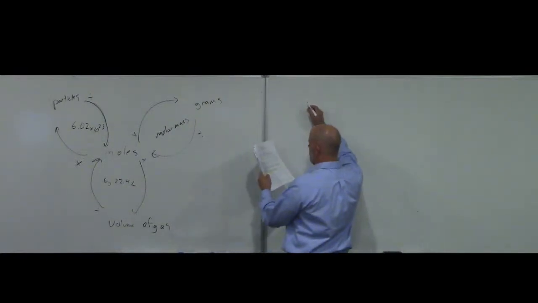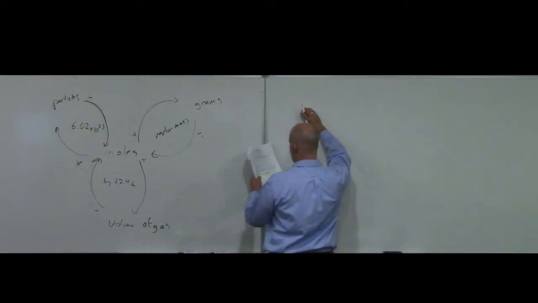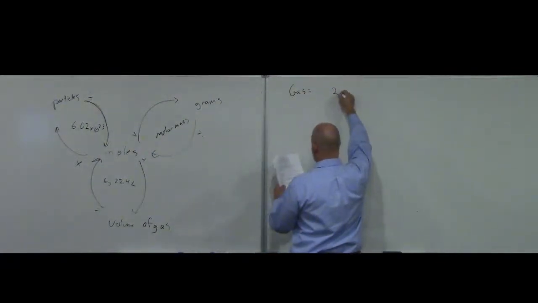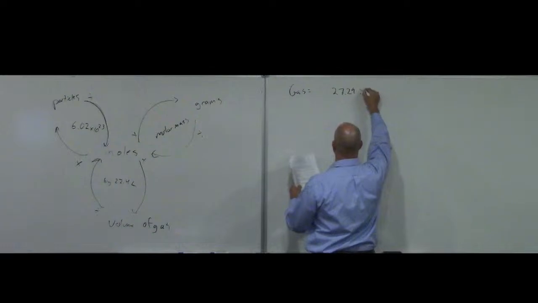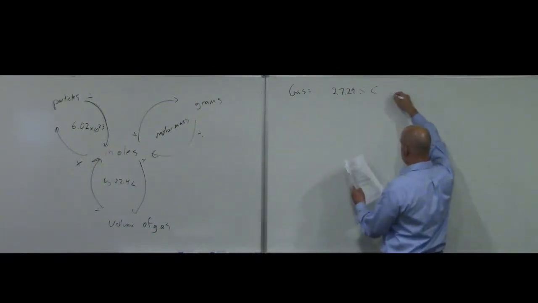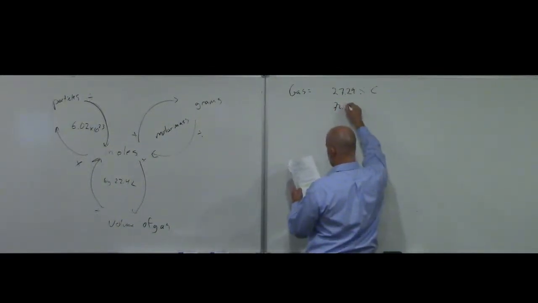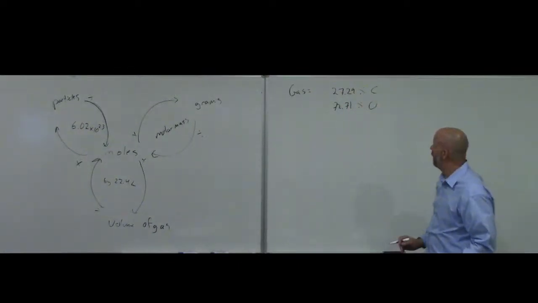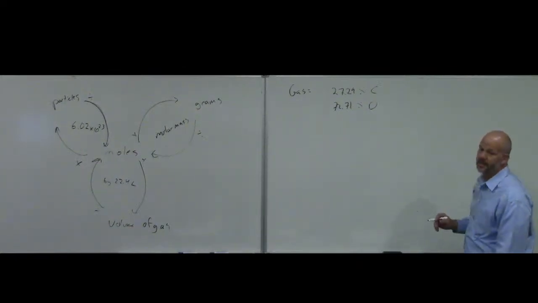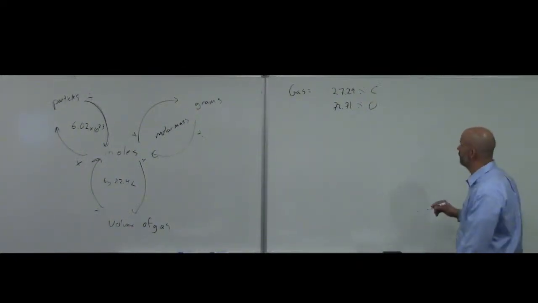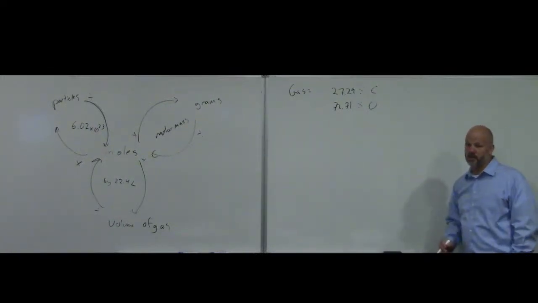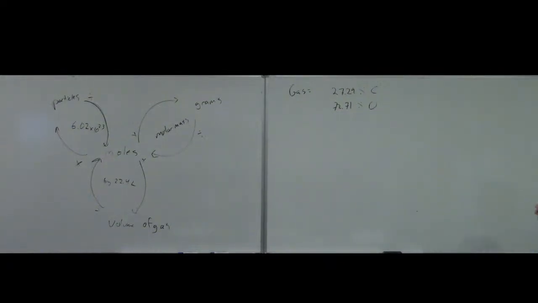So I've got a gas here, okay? And it's 27.29% carbon, and it is 72.71% oxygen. What I want to know, first of all, is what is its empirical formula, okay? So I've got carbon, I've got oxygen. I can figure out an empirical formula based on this, right?